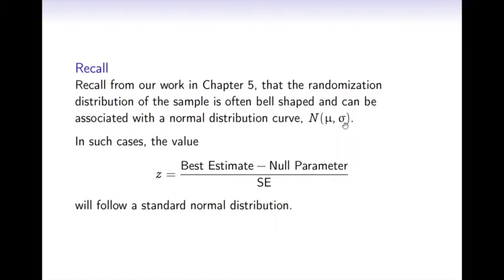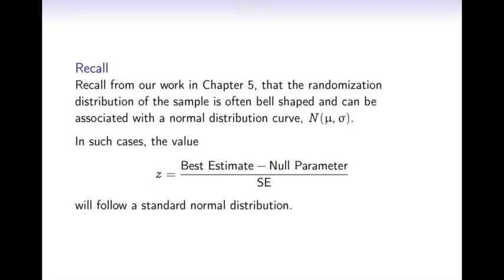Now, what did we actually do by the time we were done in Chapter 5? We've got our evidence, which we can think of as our best estimate. We take that evidence and we standardize it. What does that mean? It means we subtract the mean and divide by the standard deviation. We make our evidence sit on a standard normal scale. And then we can compute the p-value of that evidence as the p-value of that standardized score.